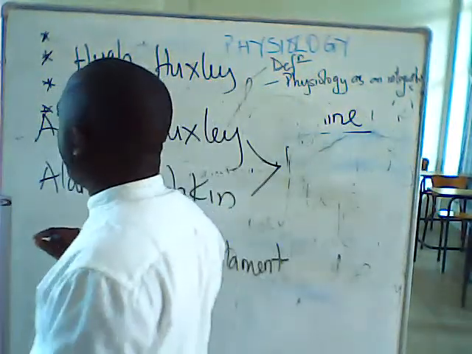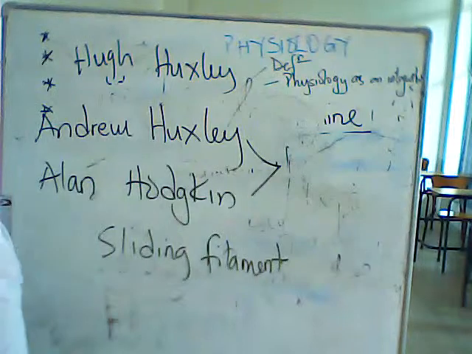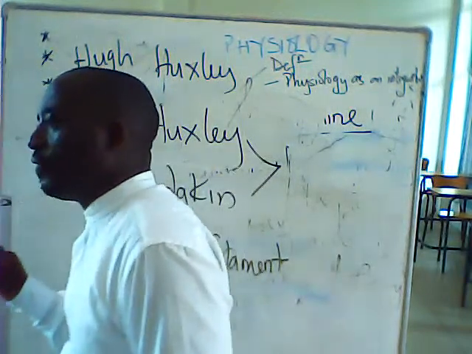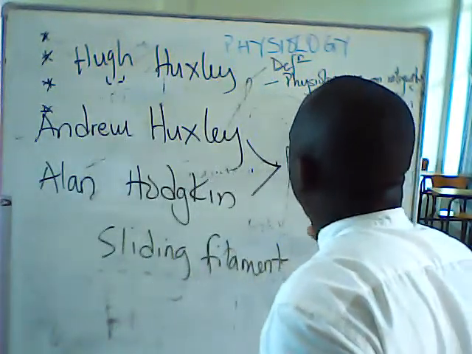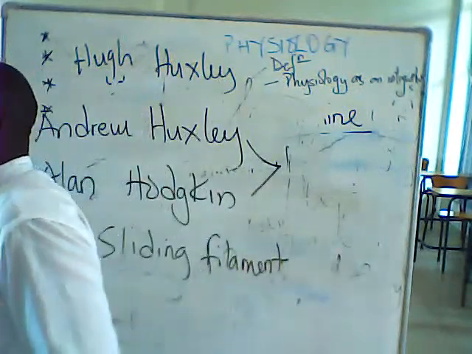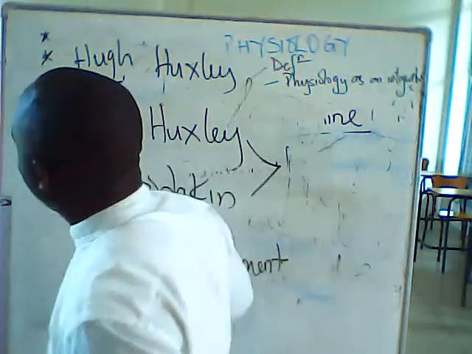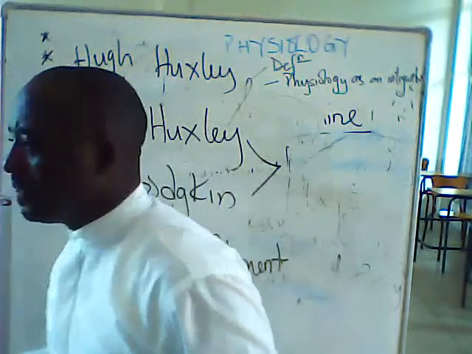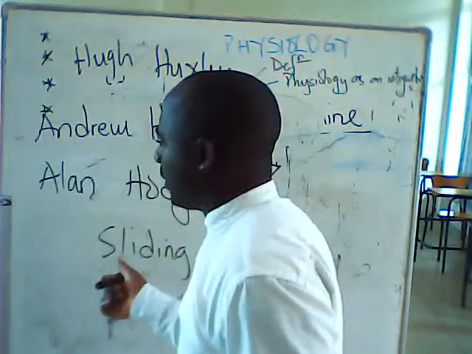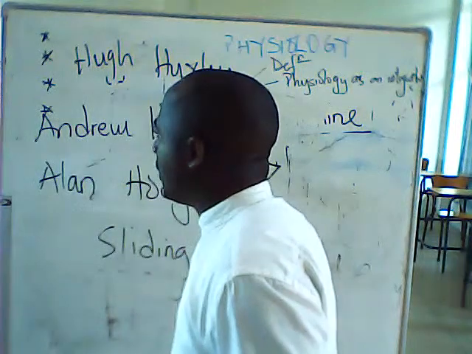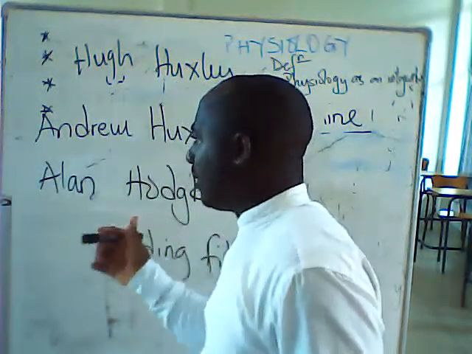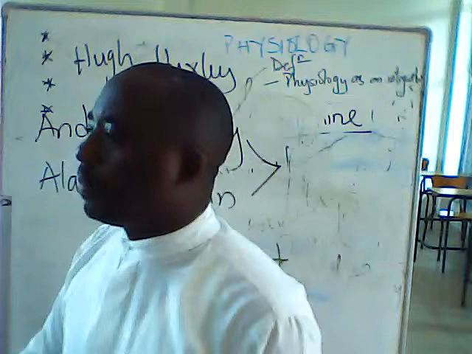Godwin is asking me to kindly explain the work of Alan Hodgkin. I mentioned that Alan Hodgkin and Andrew Huxley discovered the ionic mechanism by which nerve impulses are transmitted, and that is what my colleague will come on to teach. I'll start with the membrane potential, and he will complete that.